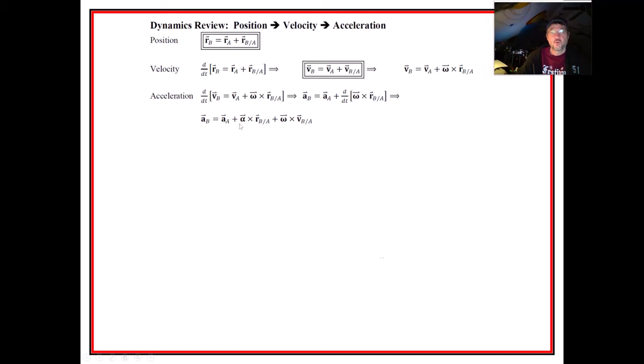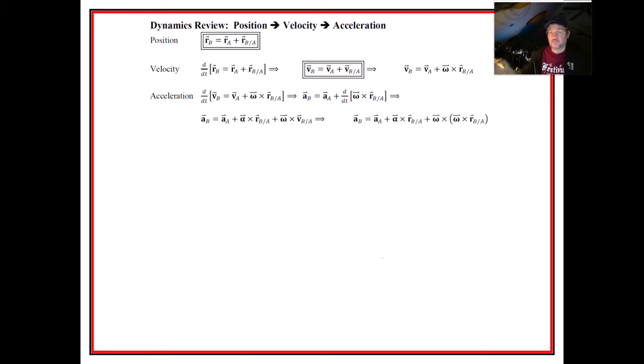So what we end up with is alpha crossed with r_B with respect to A, and then we're going to have omega still, so this is the product rule, crossed with v_B with respect to A, which we happen to know up here already.